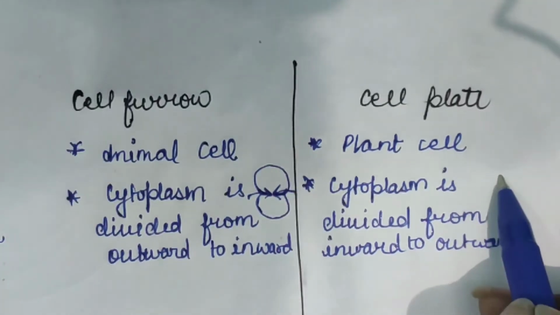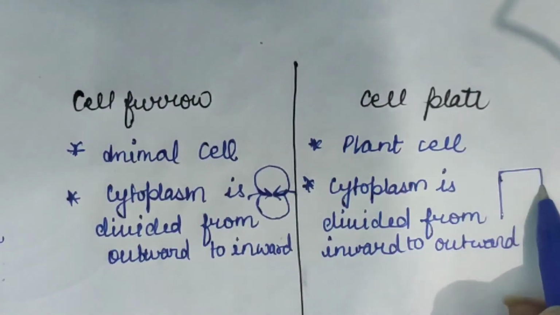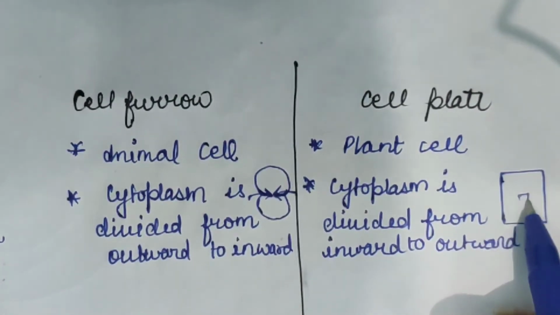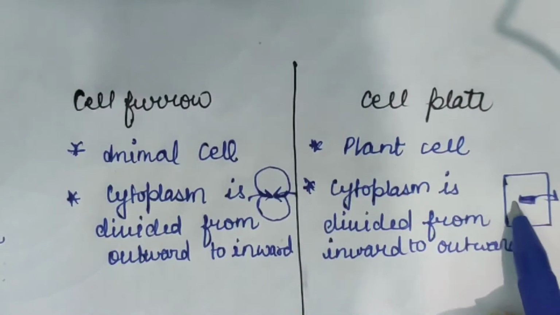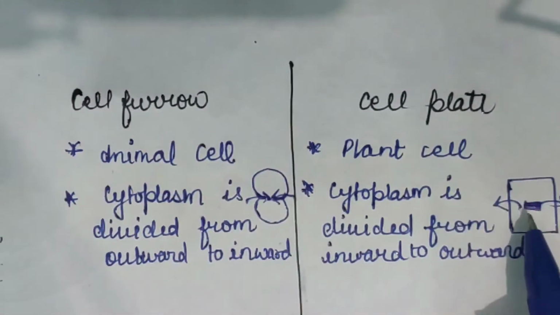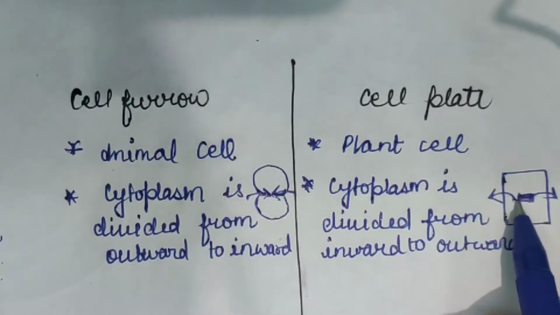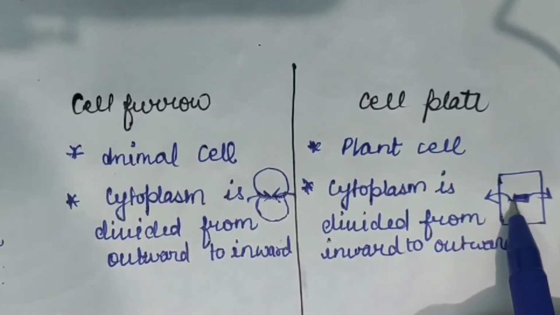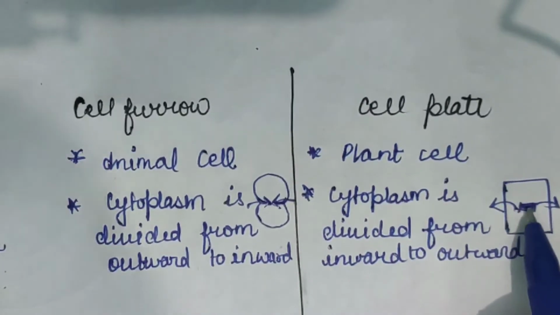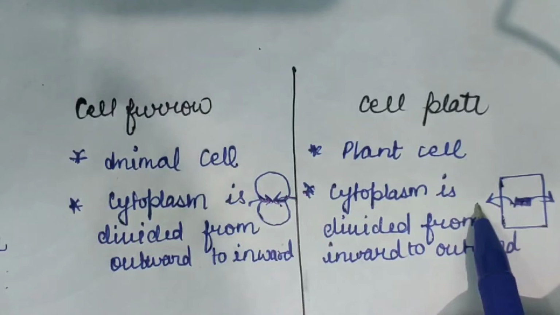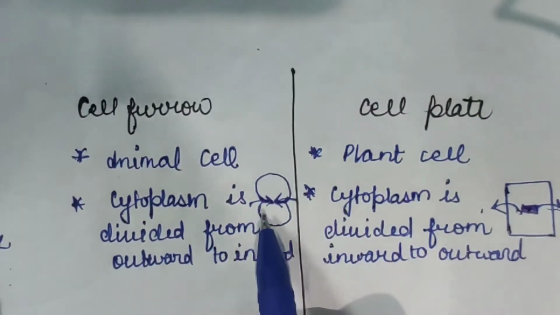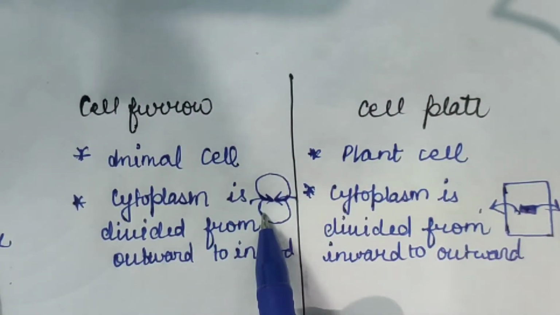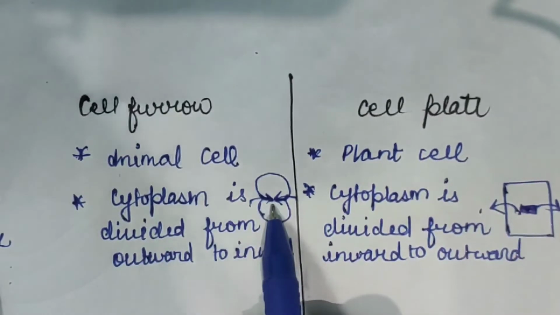Where in the case of a cell plate method, or in the case of a plant cell, the cell plate is formed inside the cell which moves outside. So here in the plant cell, the cytokinesis takes place, or we can say that in cell plate method, the cytokinesis takes place from inside towards the outside, where in the case of the cell furrow method, it takes place from outside towards the inside.